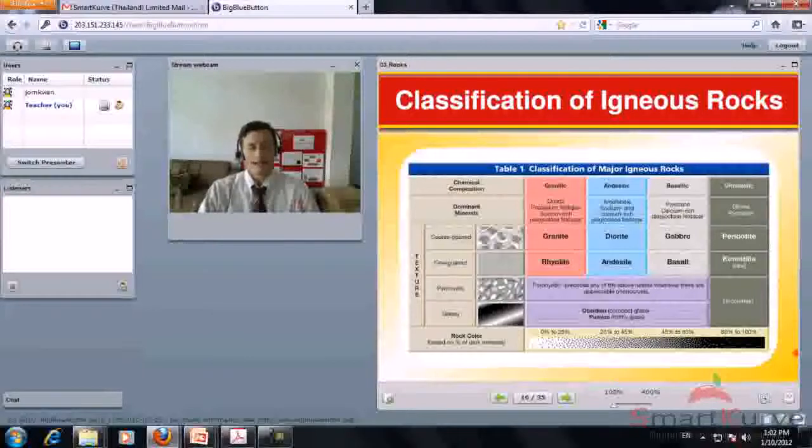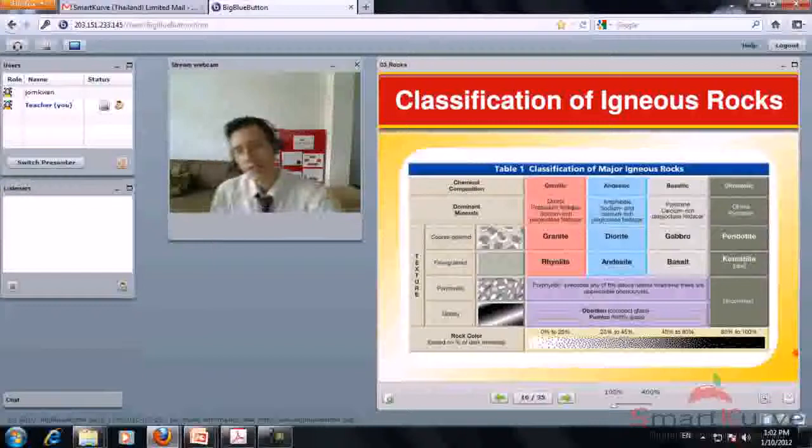I realize there's a lot of different terms that I've thrown at you here. We talked about the texture from coarse grained to glassy, from that very coarse grained granite to the glassy obsidian, and then we talked about granitic, andesitic, and basaltic. All of this is explained in the table on slide 16.